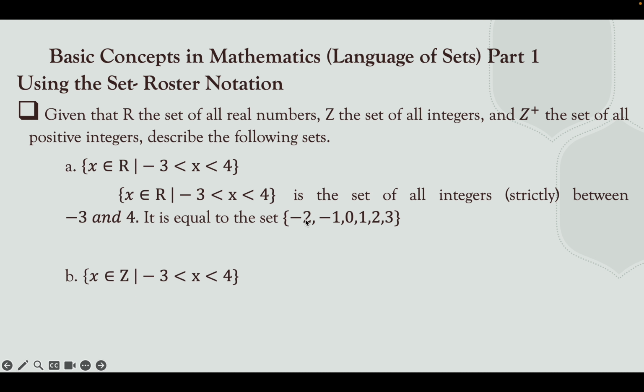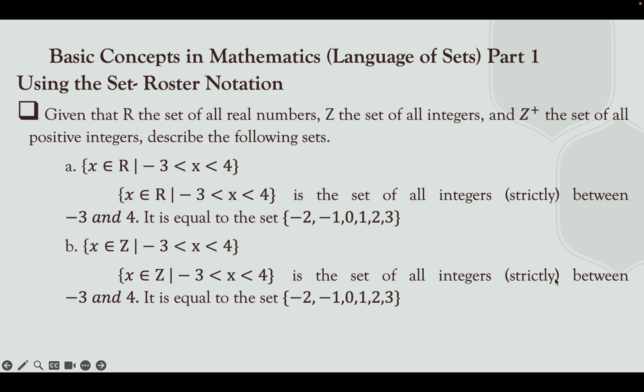So next we have the set of all elements of integers such that negative 3 less than x less than 4. When you say integers, that means positive and negative integers. So what are the values between negative 3 and 4? It's the same. So the set of all integers strictly between negative 3 and 4 is negative 2, negative 1, 0, 1, 2, and 3.